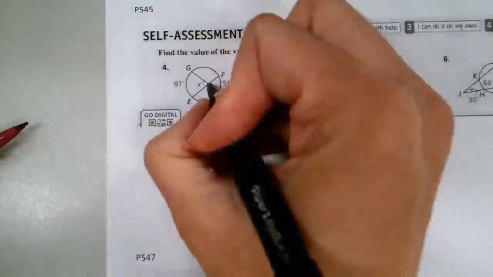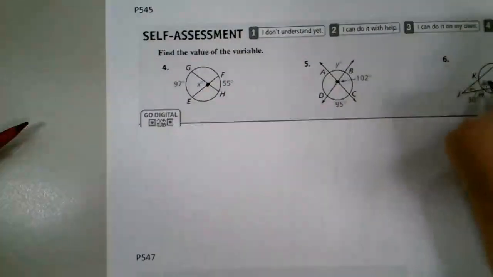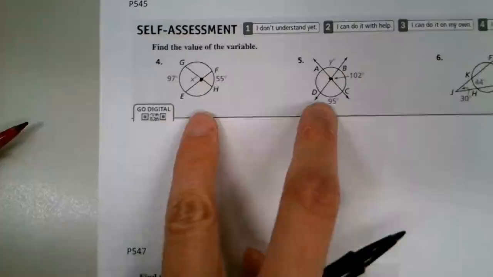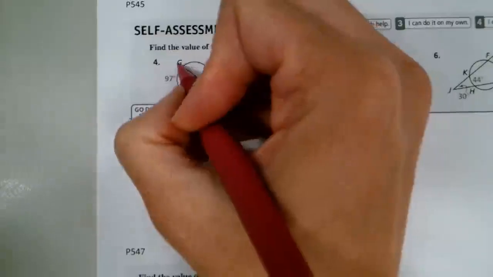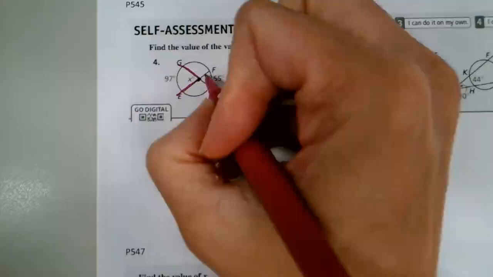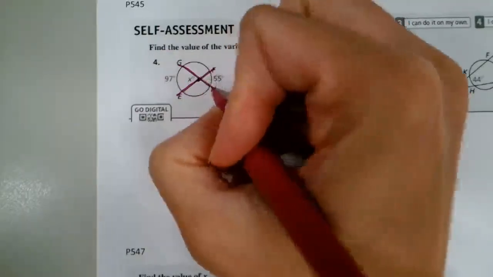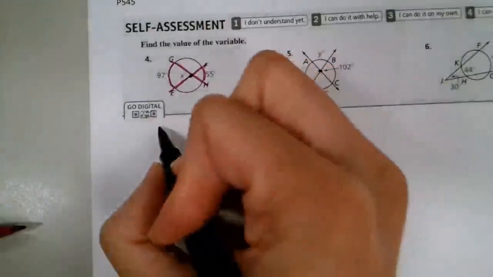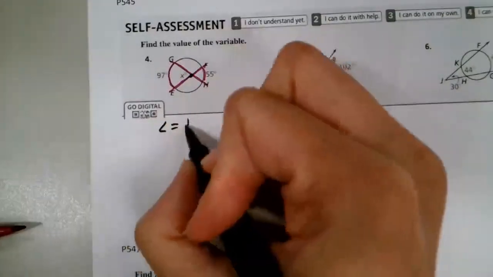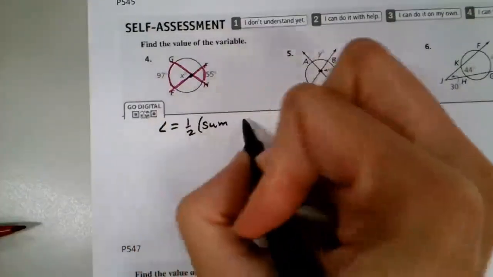Okay. Our next examples, we have our vertex inside the circle for these two. So we're looking at this angle, X, and its vertical angle, and we're looking at the arcs they intercept. The formula for this one was the angle is equal to half the sum.